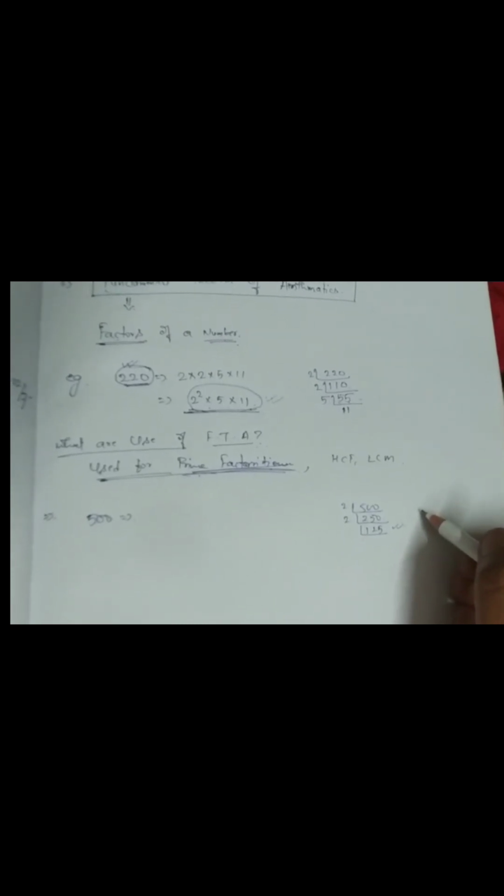For example, if you are calculating the factors of 500, again you can see the number is even, so divide by 2. Again the number is even, so divide by 2. But this time the number, 125, is not even, so you have to check which prime number can divide it. 2 does not divide 125, so check 3. 3 also does not divide 125.